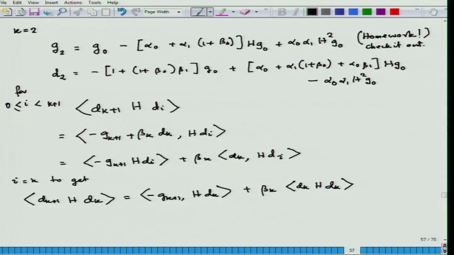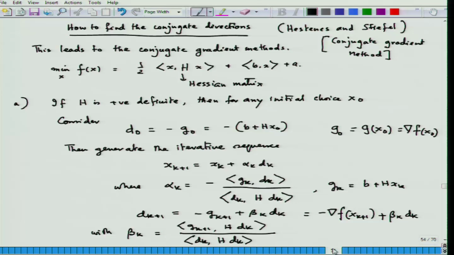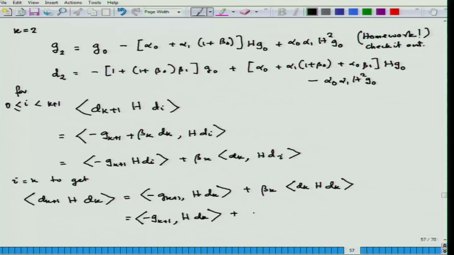Now what happens to this, that is a very important thing to know. Now, if I put i equal to k, I expect this should be 0, but let us see what happens. If I put beta k's expression, this one, so now beta k would become.